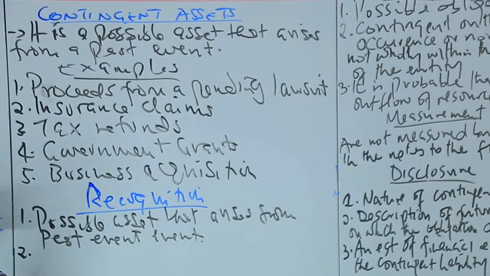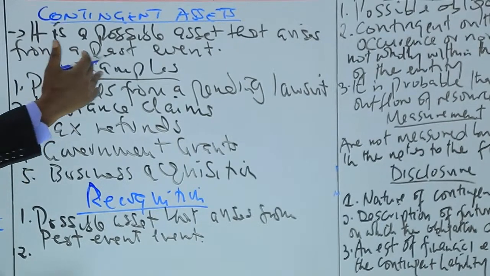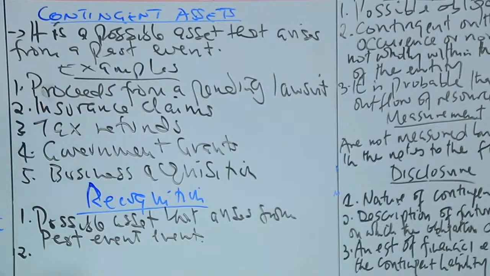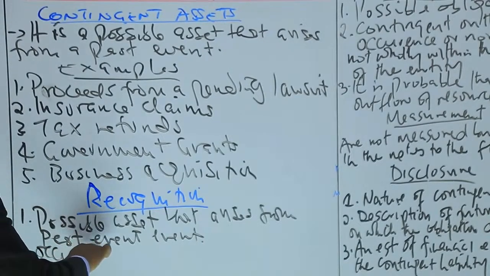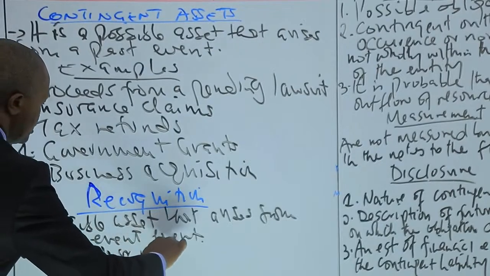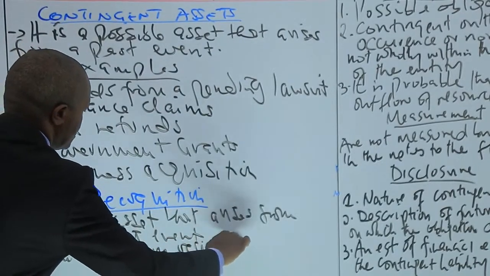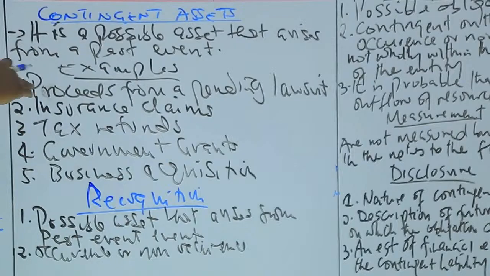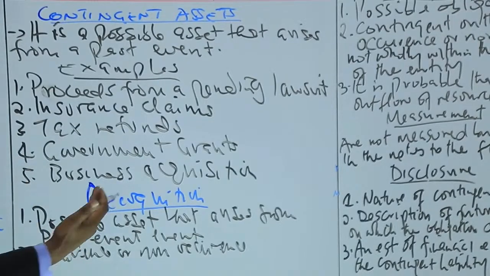Another criteria is the same as the criteria used when recognizing contingent liabilities: the existence of the asset will be confirmed only by the occurrence or non-occurrence of one or more uncertain future events.